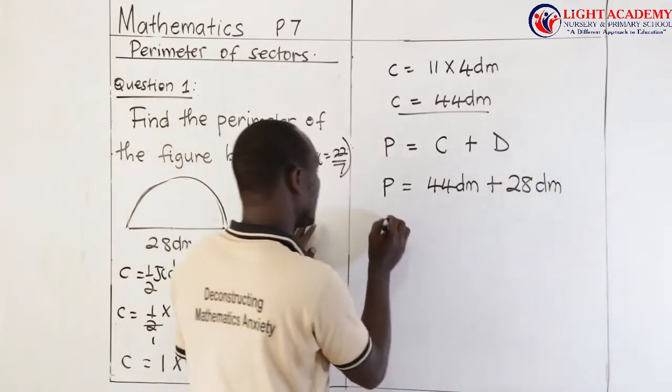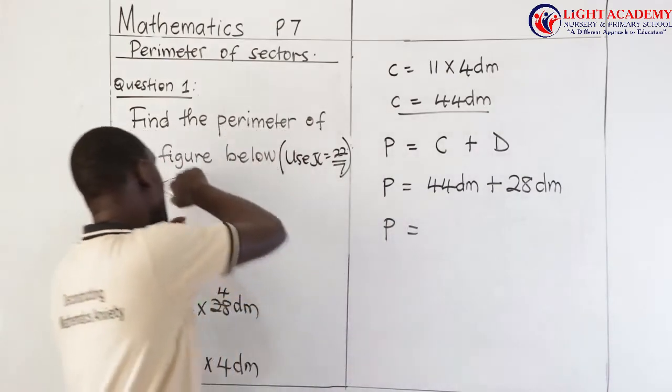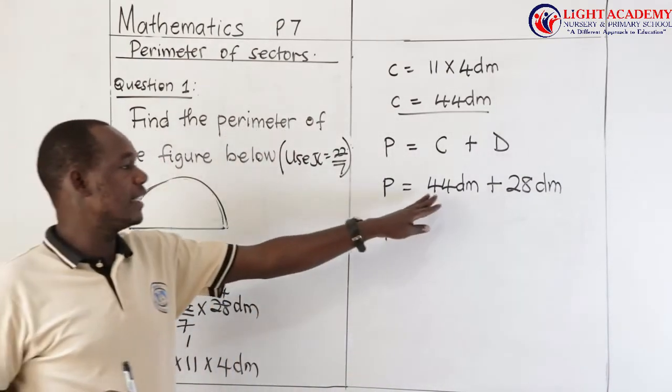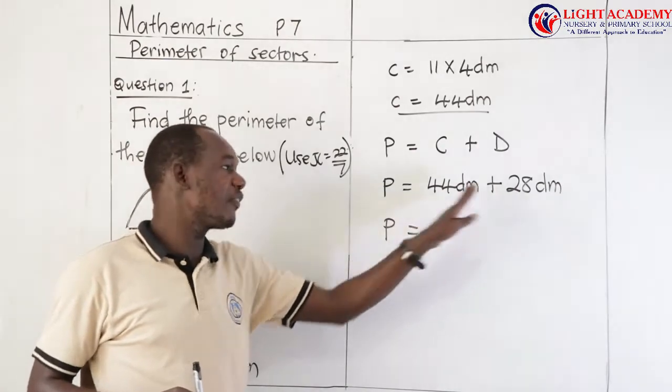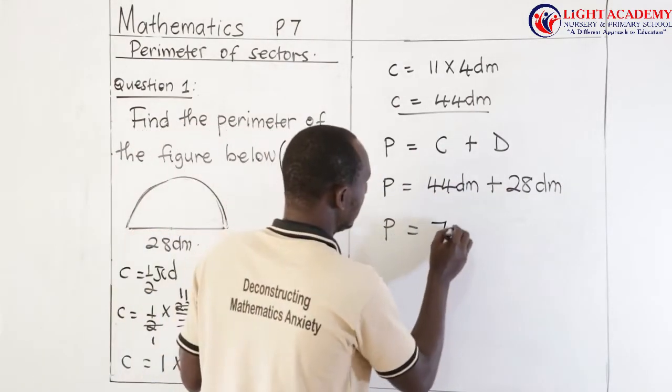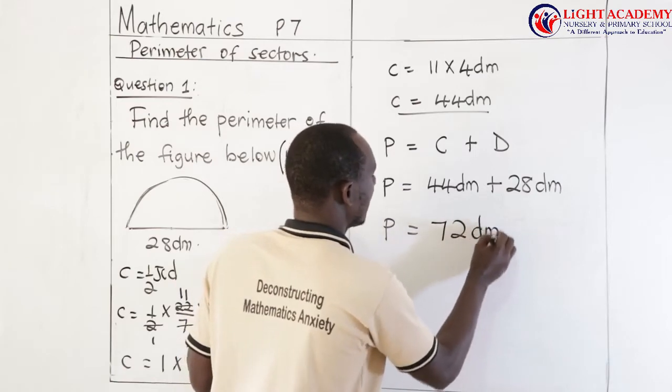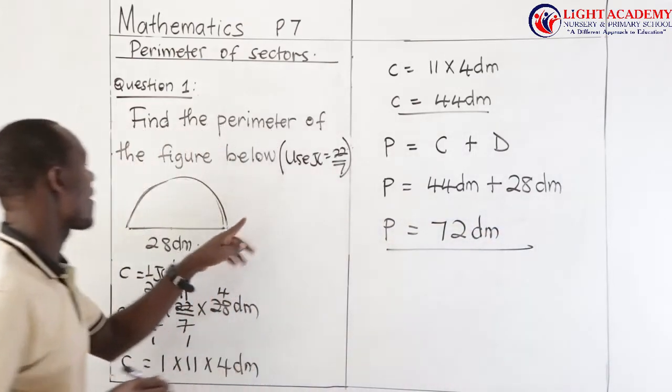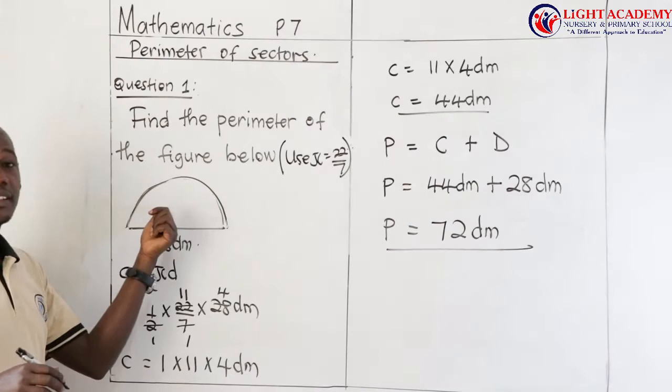Adding 44 plus 28, I get 72 decimeters as the distance around the semicircle.